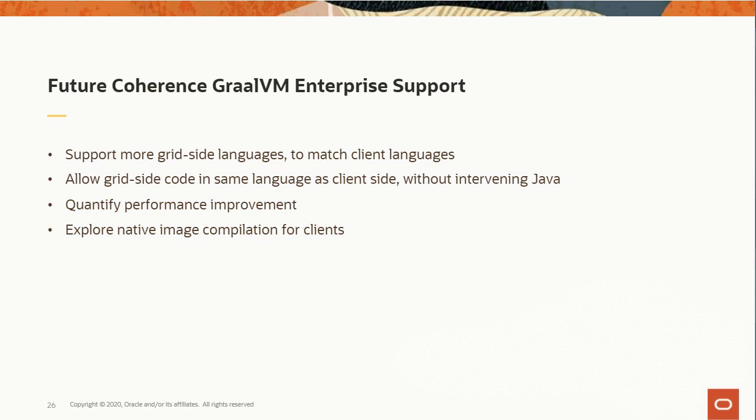And finally, for the client side, we want to explore native image compilation, which is yet another GraalVM Enterprise feature, basically making an executable, not interpreted, version of a program. So this is where we're going with Coherence GraalVM integration going forward.